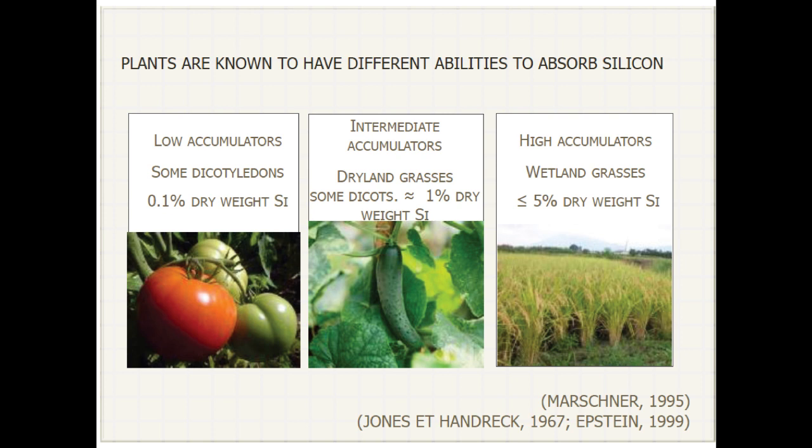And so basically this helps explain sometimes some of the less spectacular results that have sometimes been observed with plants that are not known to accumulate a lot of silicon. So if they don't accumulate it, you would find it hard to see that many benefits. But obviously, in the high accumulating plants, we've heard a lot about rice, and we'll be talking somewhat about the horsetails today, and you'll see that there are some pretty interesting things going on.